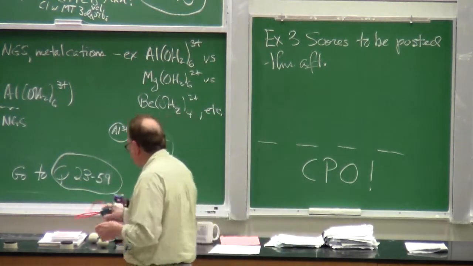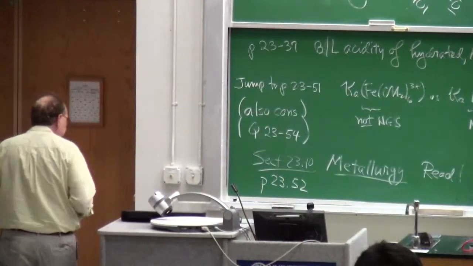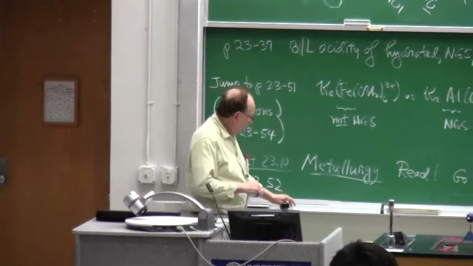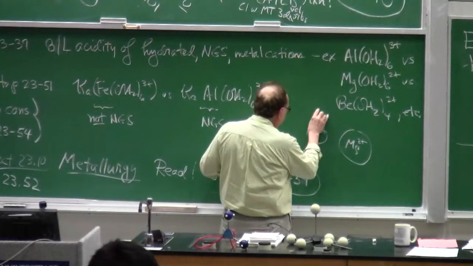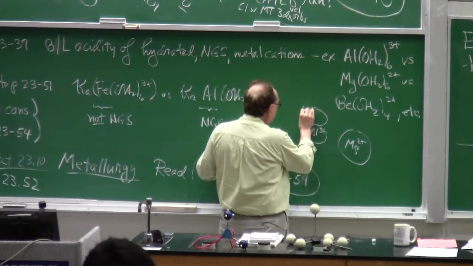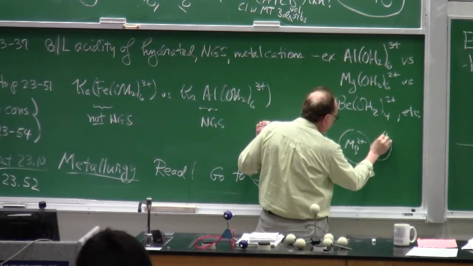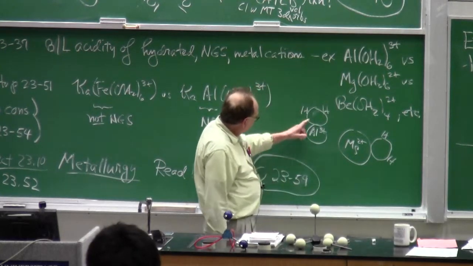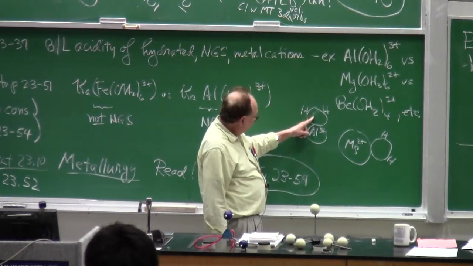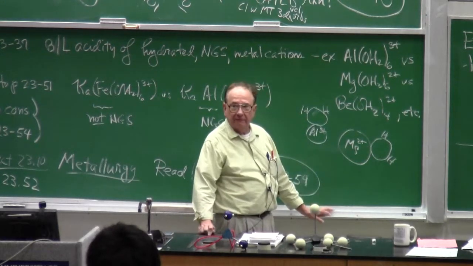So why should hydrated aluminum ion, why should a water molecule that's connected to an aluminum ion stick more strongly to aluminum ion than this water molecule sticks to magnesium ion?